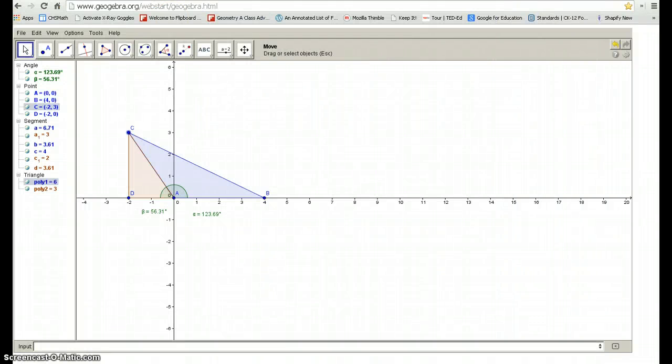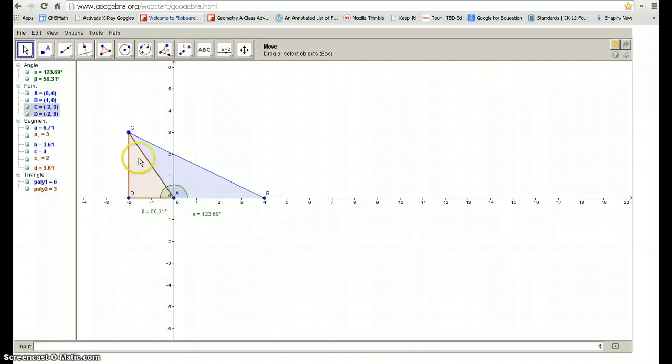Why is that? Well, let's think about it. The adjacent side of this angle here, we're now going in a negative direction from our original. So if we have an obtuse angle, our adjacent is -2 over this length here, which is 3.61.